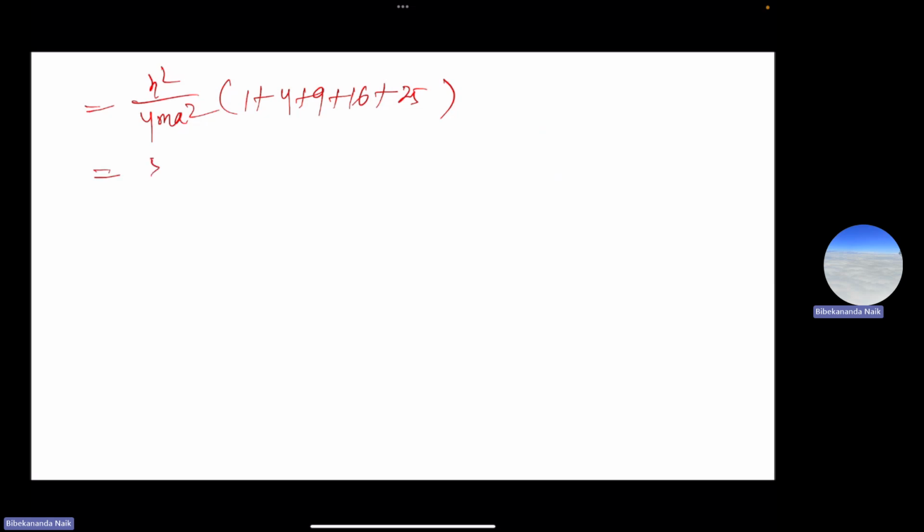So it will be 55 by 4 times h square by m a square.